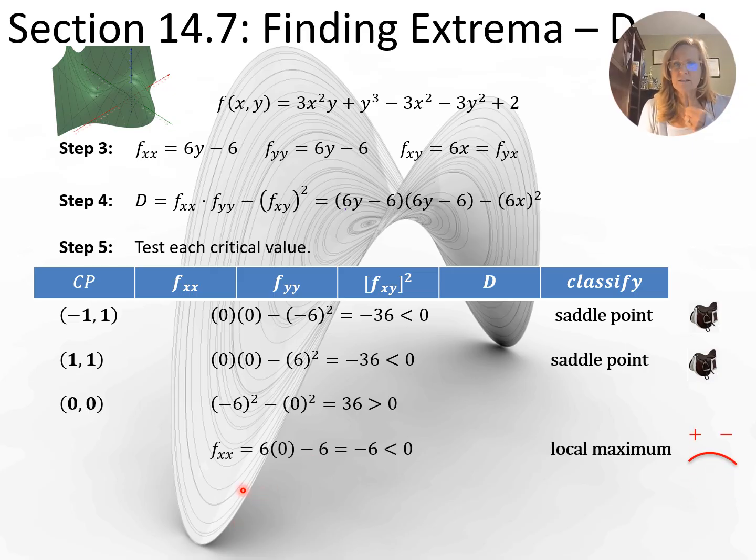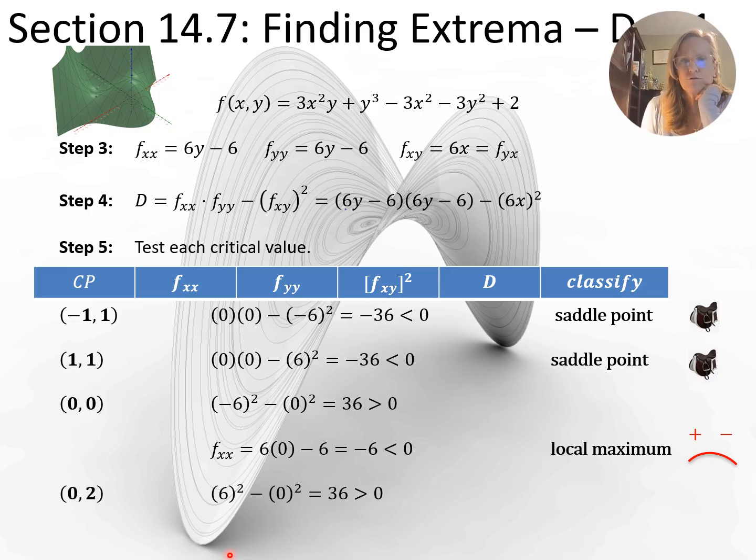I looked at fxx. fxx at my point was negative 6, which was negative. Therefore, I had D positive, fxx negative, so I have my little frowny face, so I have a local maximum.